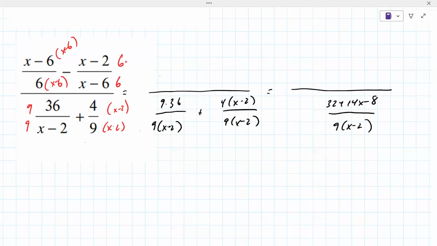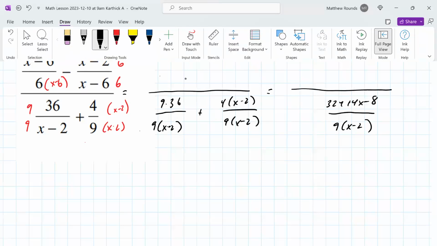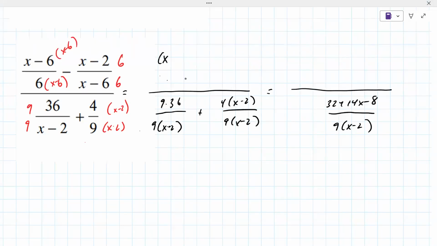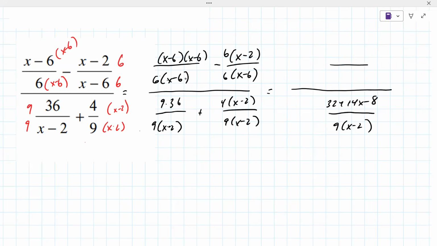It's a little messier. So it's x minus 6 over 6 times x minus 6, minus x minus 2 times 6 over 6 times x minus 6. And then a lot more to do here on this one.